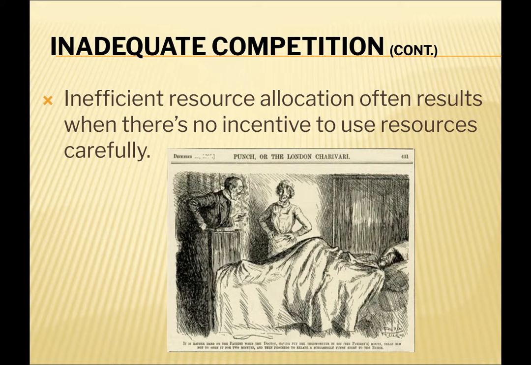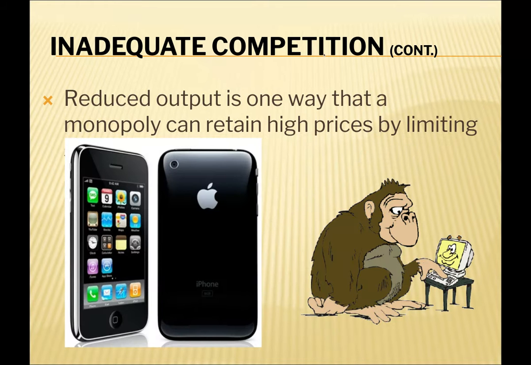Okay, inadequate competition just means that there's no incentive. One of the problems is there's no incentive for the resources to be used in a careful manner. Ooh, this is a good one, and this happens. So there may be a shortage, and that's the company creating a shortage, though.